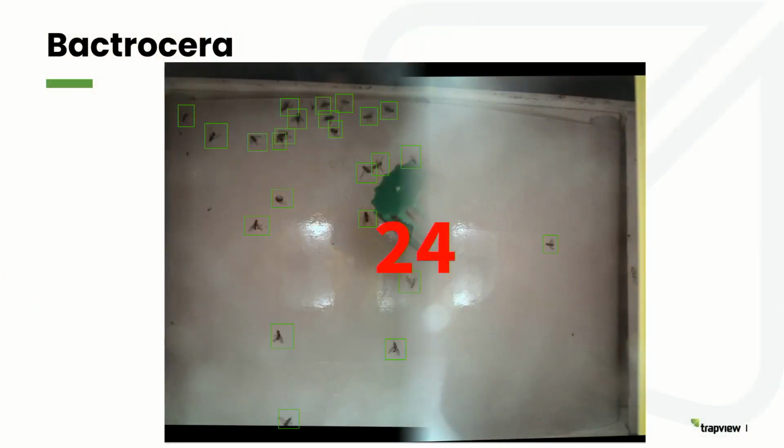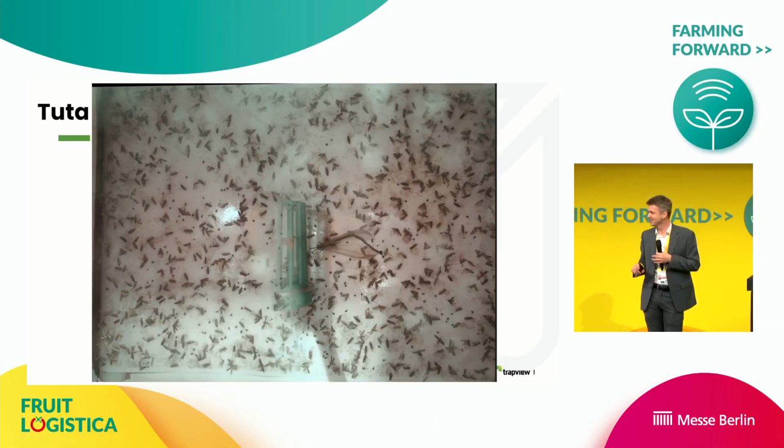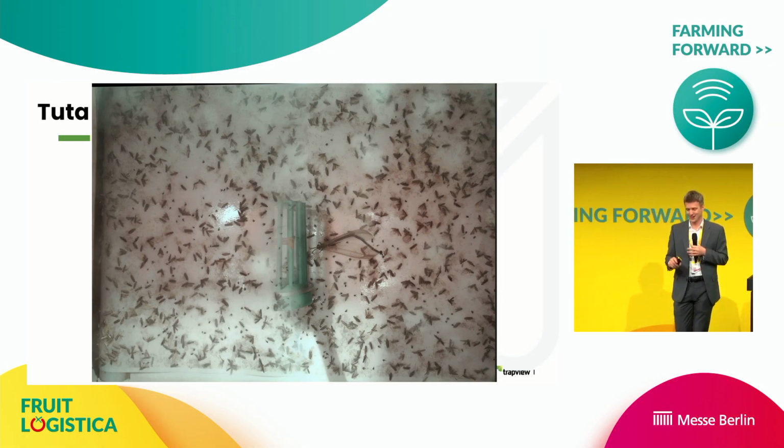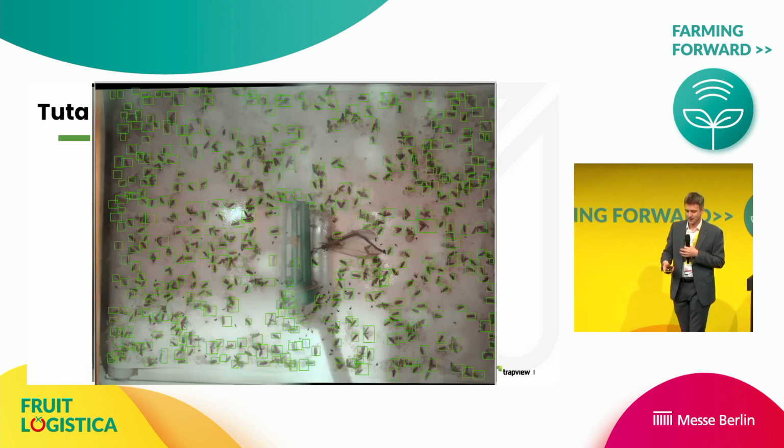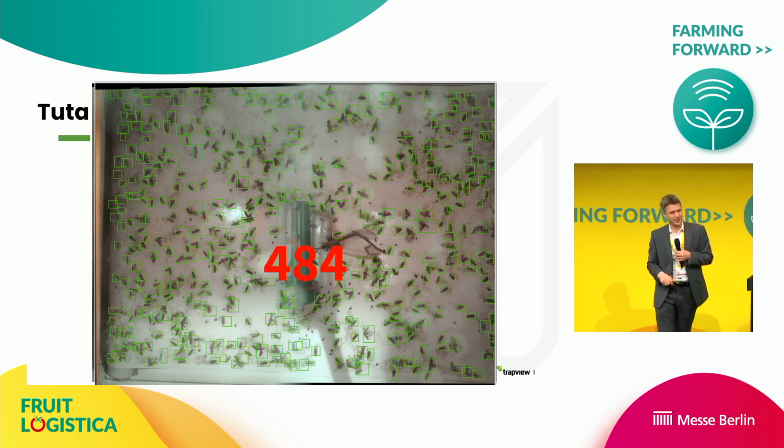Let's move to Tuta absoluta, the tomato leaf miner in tomato. Now. More than 20, just a hint. 800, yeah. Too much, probably, but 500, okay. It wasn't marked, maybe that was the problem, huh? So, the number is 484.